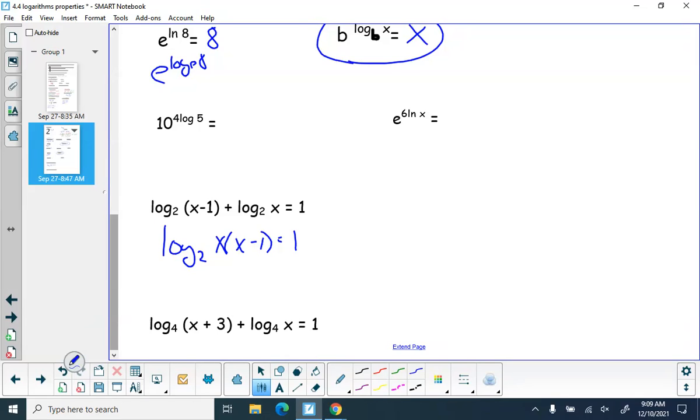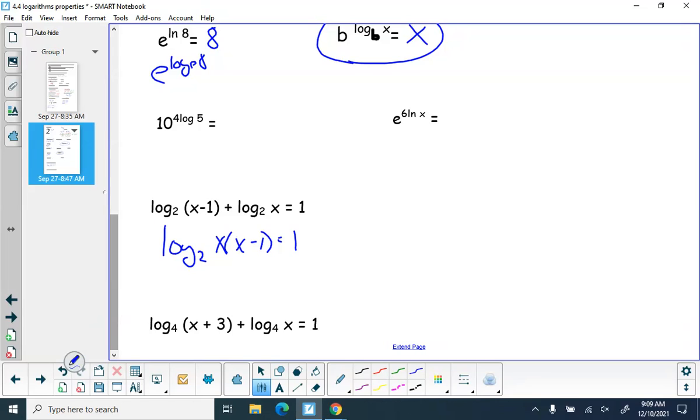Let's take it out of logarithmic form and move it into exponential form. So I have a base of 2. I have a value of x times x minus 1, equal to a value of 1. Whenever I solve a problem that deals with logarithms and I'm setting a log equal to a value, that value is the exponent.